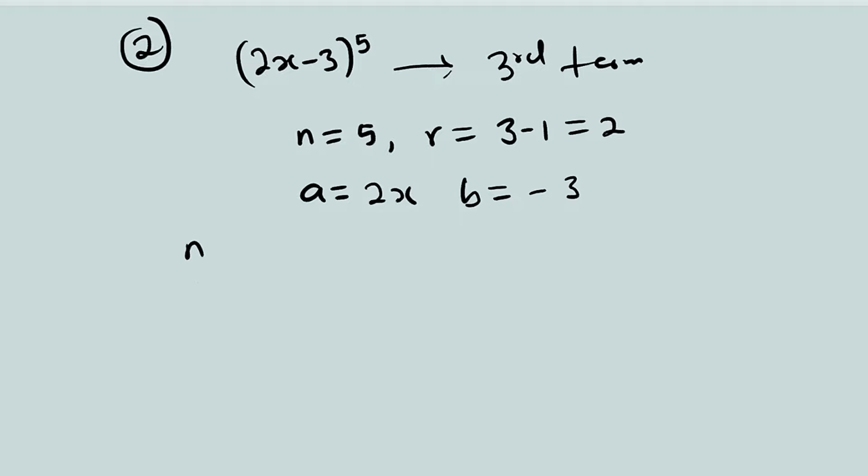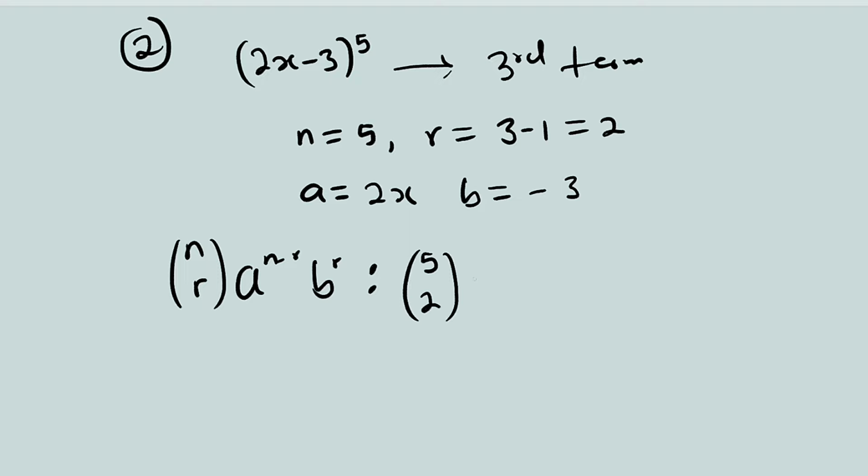And the formula remains n combination r, a raised to the power of n minus r, b raised to the power of r, which is equal to 5 combination 2, then a is 2x, so we have 2x to the power of n minus r, which is 5 minus 2, multiplied by b, and b is -3, to the power of r, and r is equal to 2.